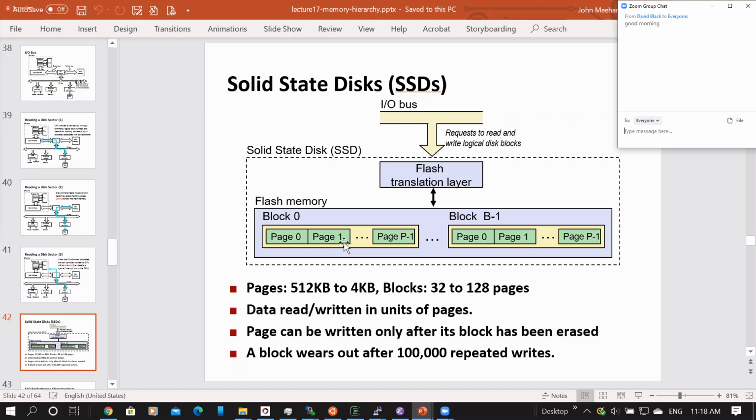So eventually, if you keep writing this block back over and over again, after 100,000 times or so, whatever it is, the thing won't work right anymore. So there's some logic in this flash translation layer that, when we're translating the logical block addresses onto where they live in these different physical blocks, can do a level of indirection and do what we call wear leveling, so that we're not writing to the same place over and over again.